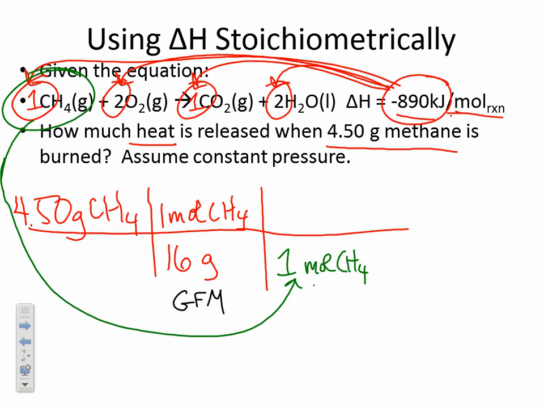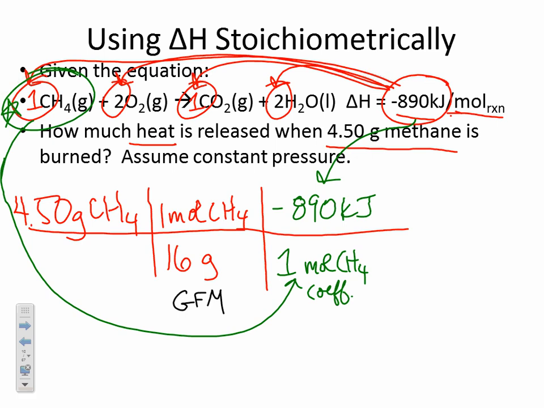That is my coefficient. That's why it's 1. It could be something else for a different reaction. And then my 890 kilojoules is going to go on the top. That's the 1 mole of methane as shown in the balanced chemical equation. When it combusts completely, you will get 890 kilojoules being released.